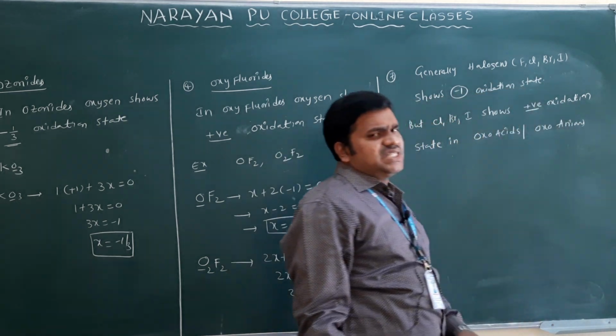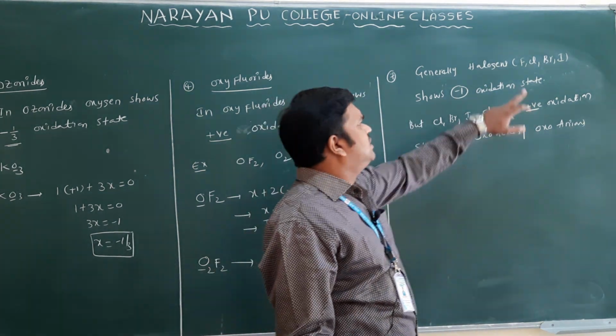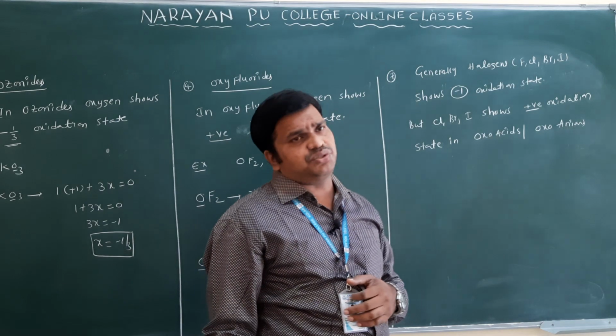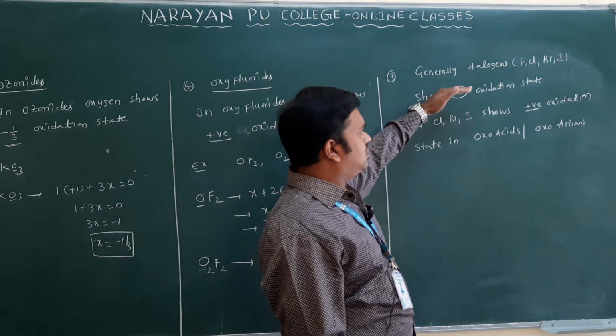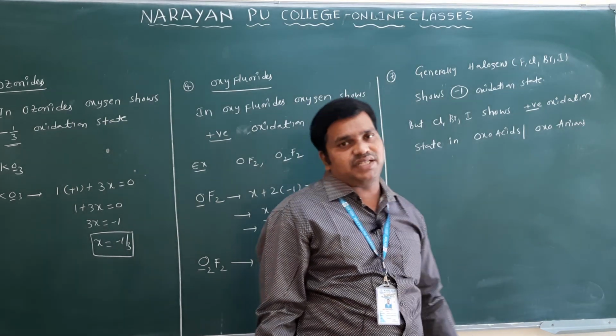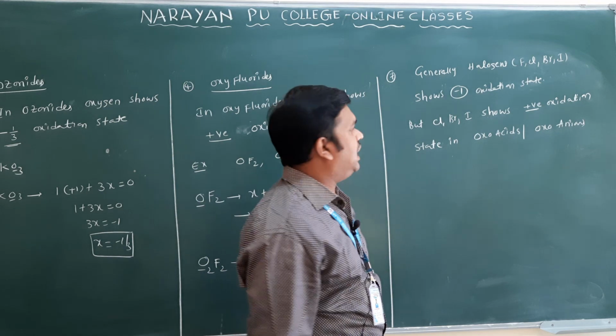If we take fluorine, in the majority of cases, fluorine shows -1 oxidation state only. But come to chlorine, bromine, iodine, along with the -1, they will show a positive oxidation state in case of oxoacids and oxoanions only.